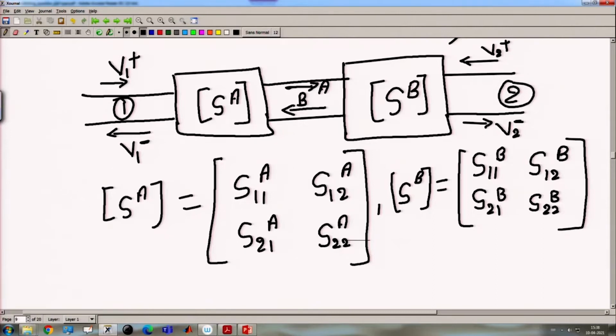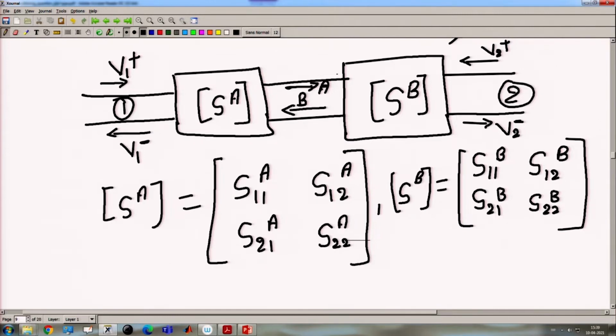A is the reflected wave for the first network, but incoming for the second network. B is incoming for port 1, but outgoing for the second network.